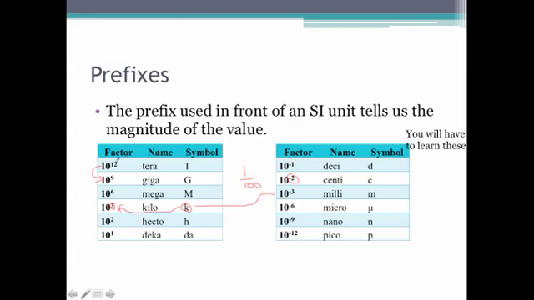Why? Because it would be 12 minus 9 equals 3. 1 followed by 3 zeros is 1,000. So you can see the difference between these numbers is changing, at least here, by 1,000. Here it's changing by 1. So by using this system, you can get a handle on very, very large numbers or very, very small numbers just by using these prefixes.